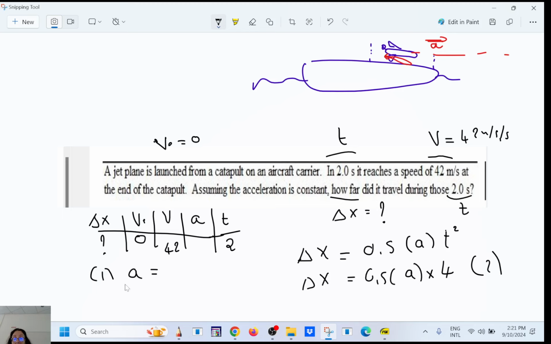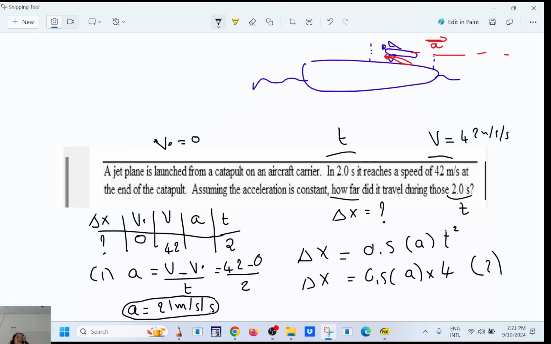Very good. So acceleration is the final velocity minus initial velocity over time. So final is 42 minus 0 over 2. So acceleration is, very good, 21. So you have to do it in 2 steps, right?